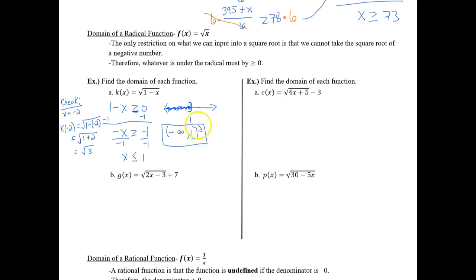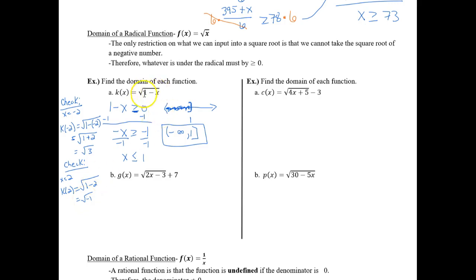Versus if I tried to put in something bigger than 1, so over here on my number line, like my mind might think, because I think it needs to be positive, if I tried to plug in, let's just say x equals 2, plug it into my function, 1 minus 2, well, 1 minus 2 is a negative 1, and I can't take the square root of a negative number.